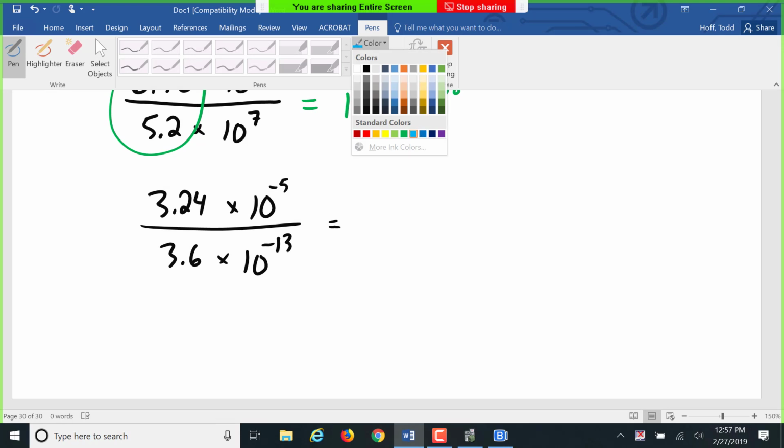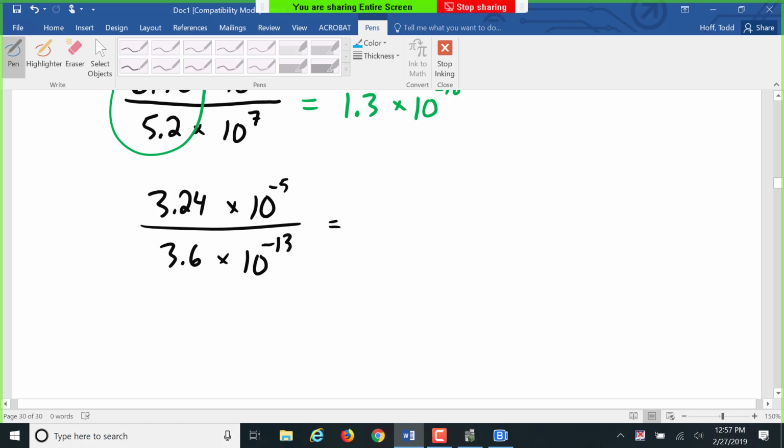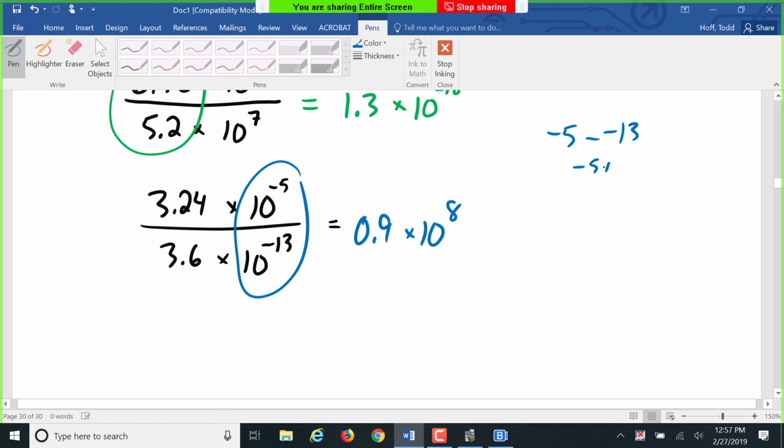So we divide. 3.24 divided by 3.6 gives us 0.9 times 10 to the eighth. Good. 10 to the negative fifth divided by 10 to the negative 13th. We subtract: negative 5 minus negative 13 is negative 5 plus 13, or 8.